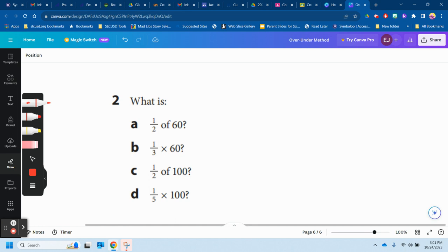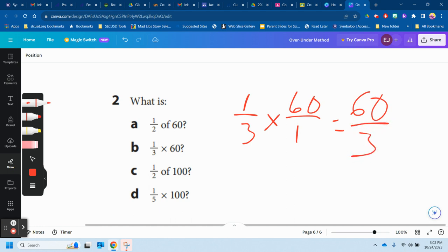We know from a clock that's 20 minutes. 20 times 3 is 60. But once again, you can think of it as 1/3 times 60 ones. And if it's 1/3 of 60 ones, I'm really just dividing 60 into groups of 3 and getting 20.